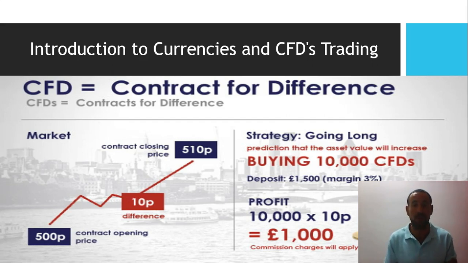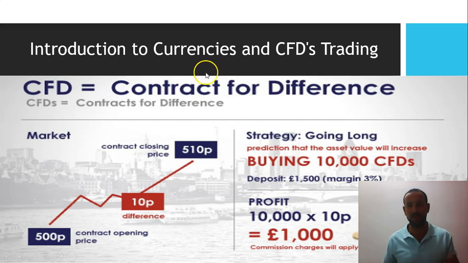What we are talking about could be stocks, could be indices, could be commodities, all those assets which contract for difference. Basically what it does is it reflects the actual price of the asset. However, instead of holding physically the asset itself, what you actually hold is a digital position on that asset.